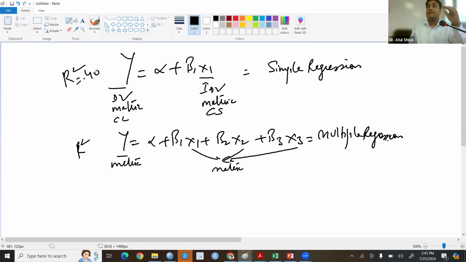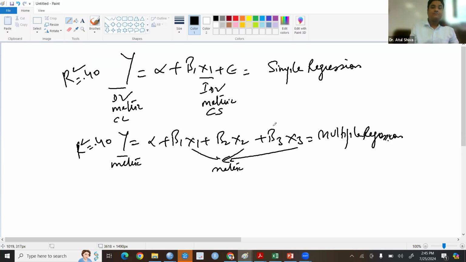If customers are satisfied, I can determine my loyalty to the tune of 40%, and 60% may be other variables. The rest of the variables will go into E, the unexplained part. But if R square is 40%, I need to understand which variable this 40% is coming from: beta 1, beta 2 or beta 3.